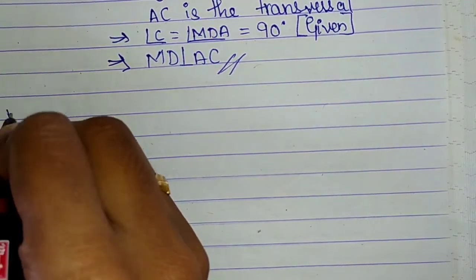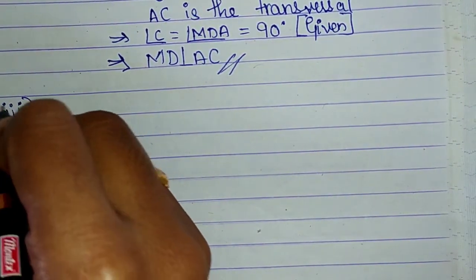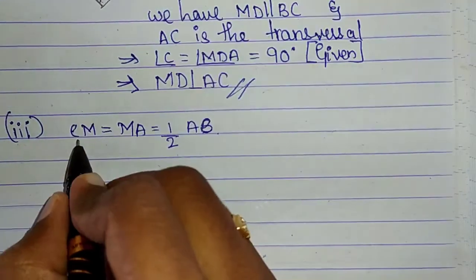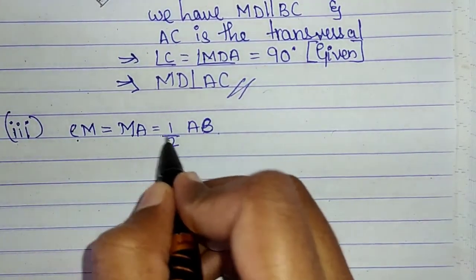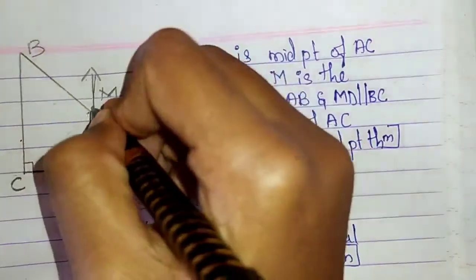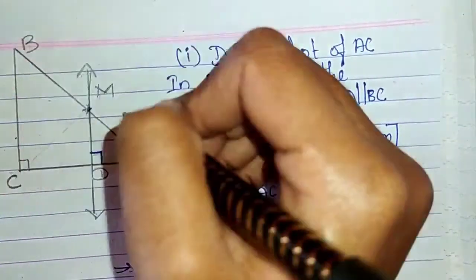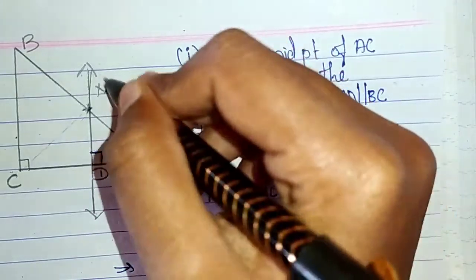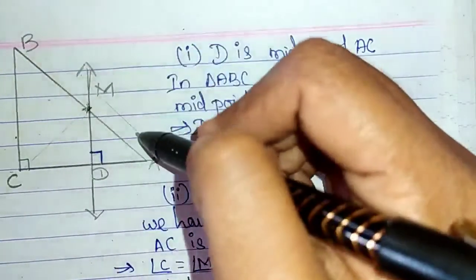Now we have a third sub question from the same seventh question, that is to prove CM is equal to MA, which is equal to half of AB. We already know that M is the midpoint of side AB. That means AM or MA is already half of AB.